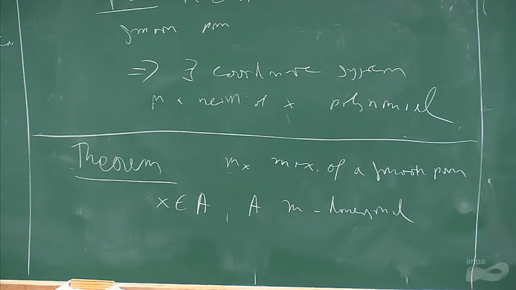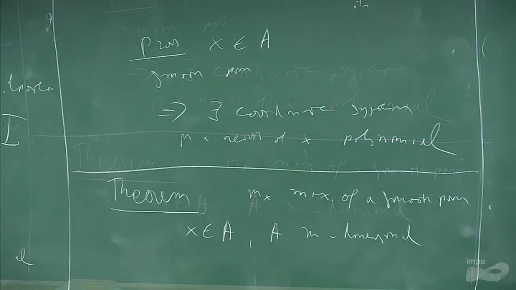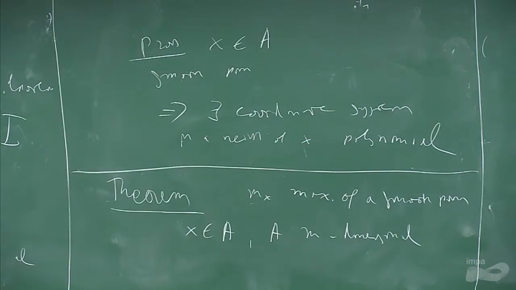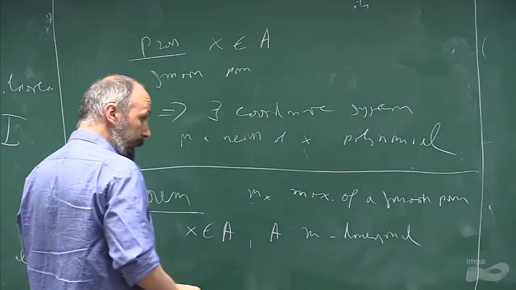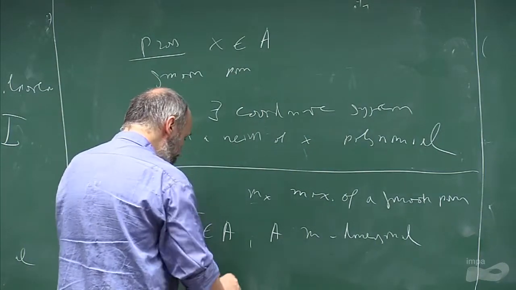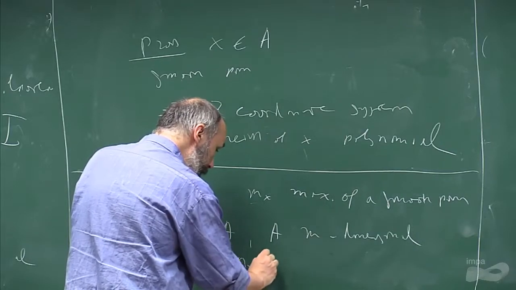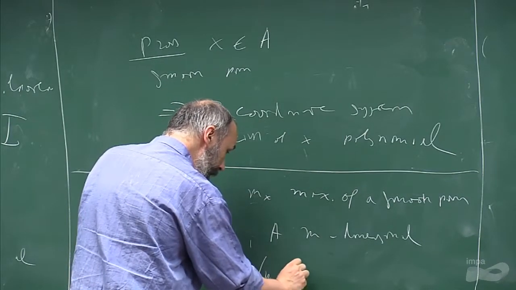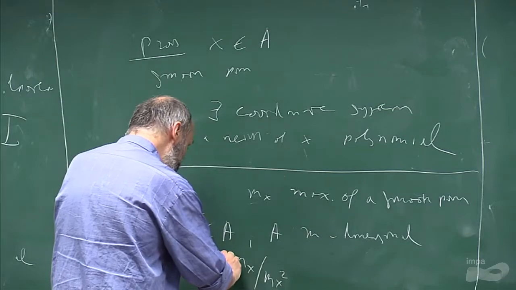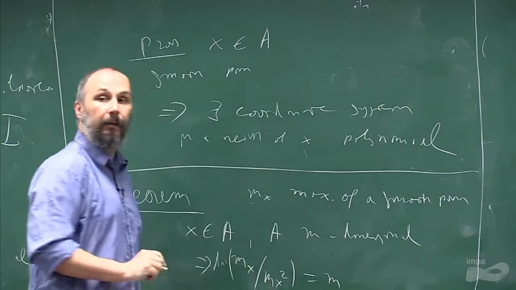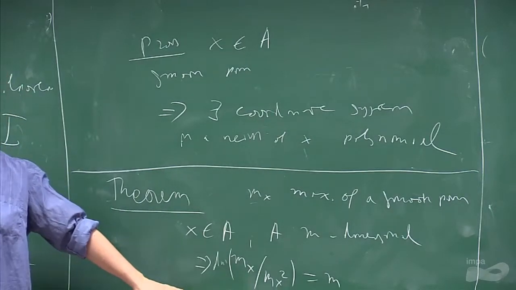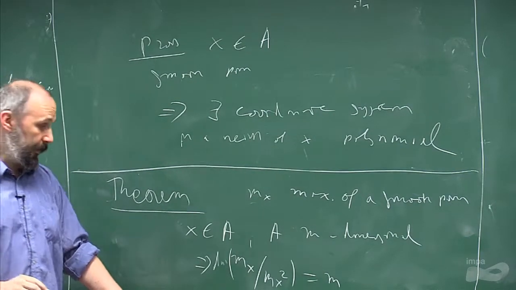So this submanifold m-dimensional should be 2m because it's complex dimension. Then the maximal ideal quotient by the square of the maximal ideal is also m-dimensional. And this is, in fact, an equivalence. So this is how one characterizes the smooth points.